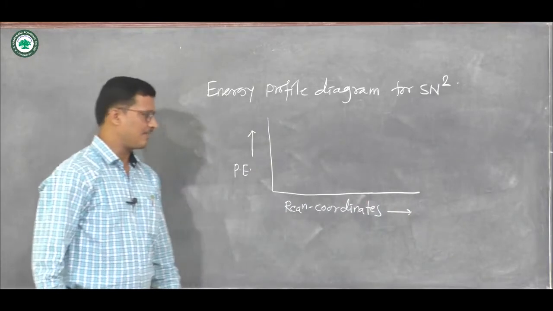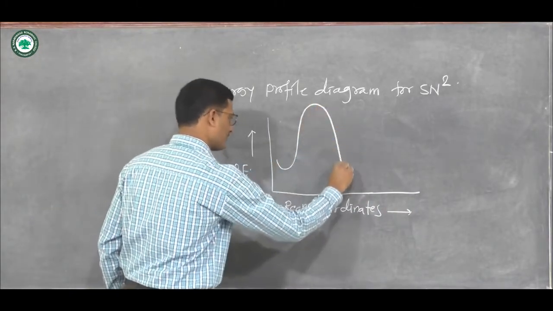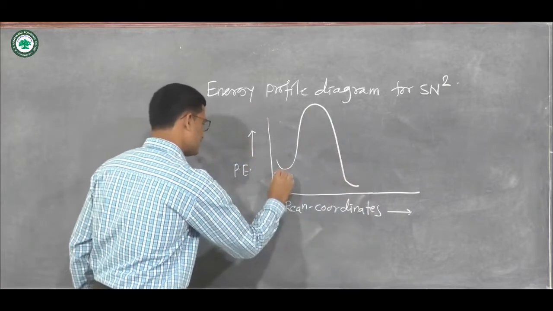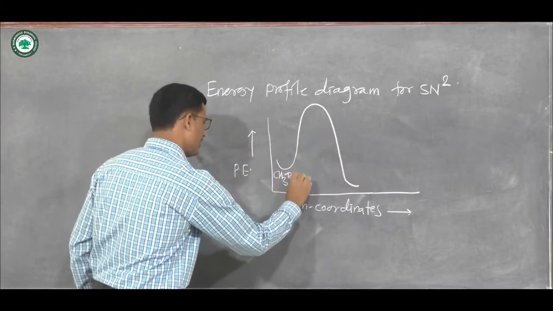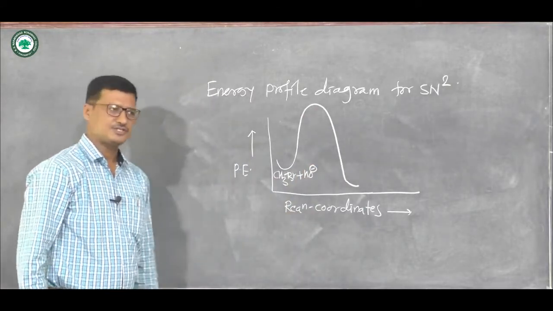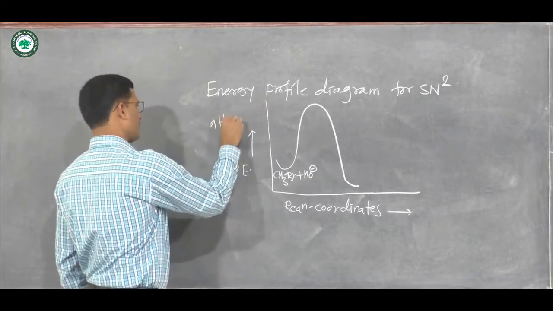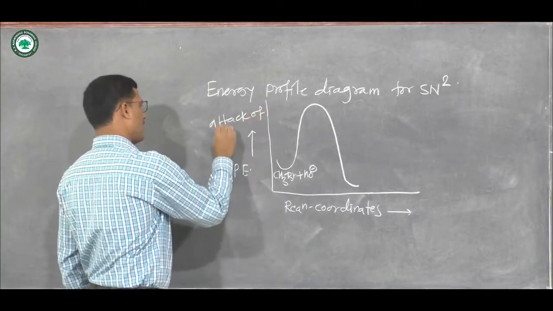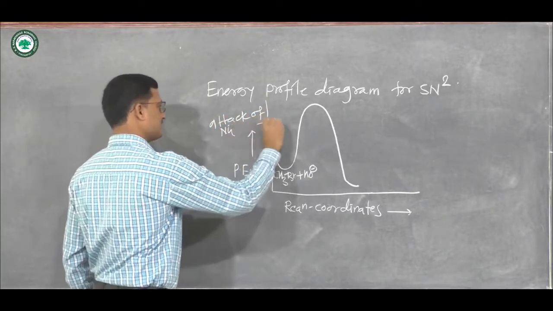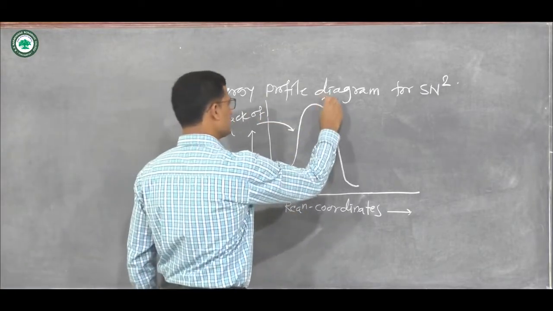And then we see what happens here. This is your reactant. What is your reactant? Methyl bromide plus OH minus. This is the nucleophile. In this case, attack of the nucleophile takes place, and there is formation of a transition state.